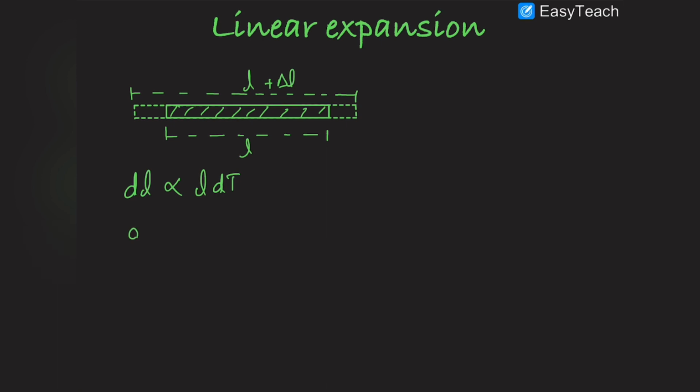When this proportionality sign is removed, a constant comes, which is called the coefficient of linear expansion, alpha.